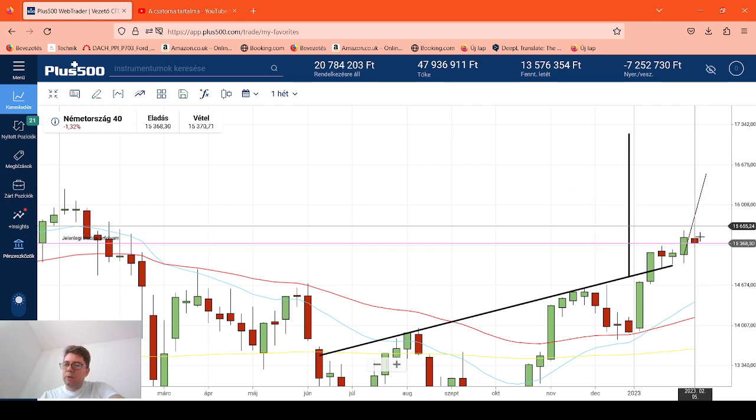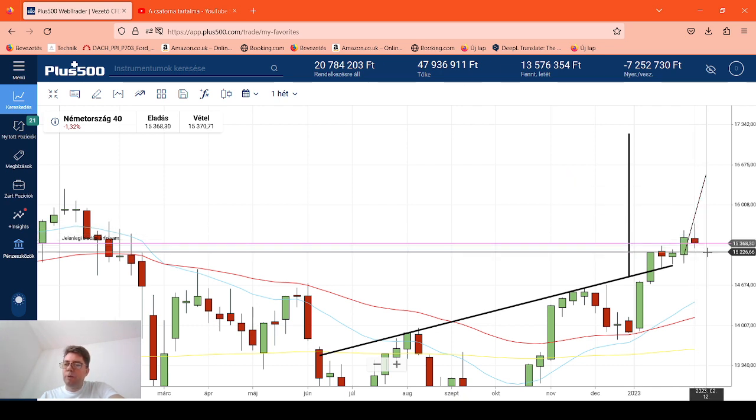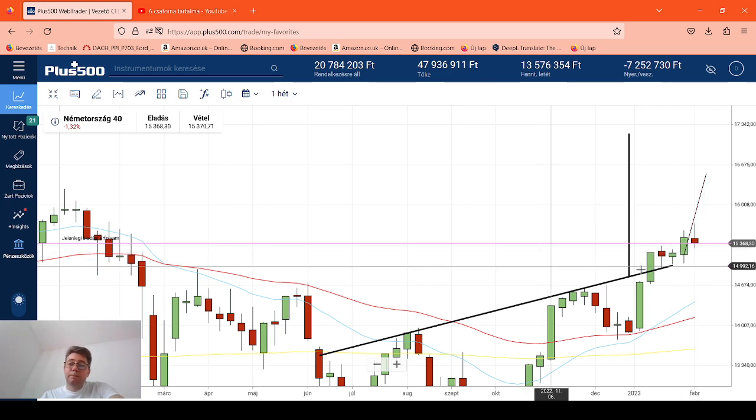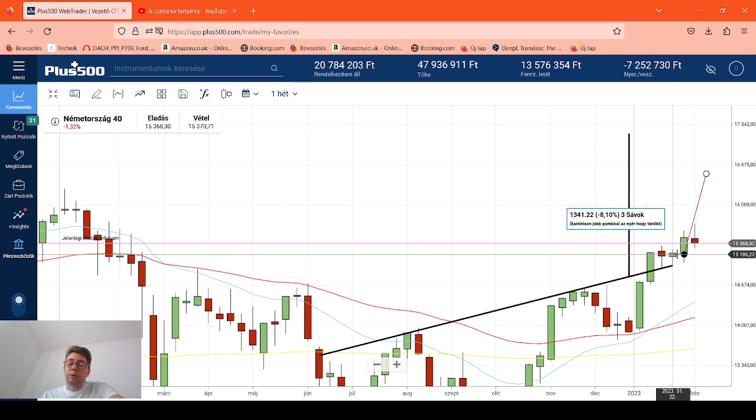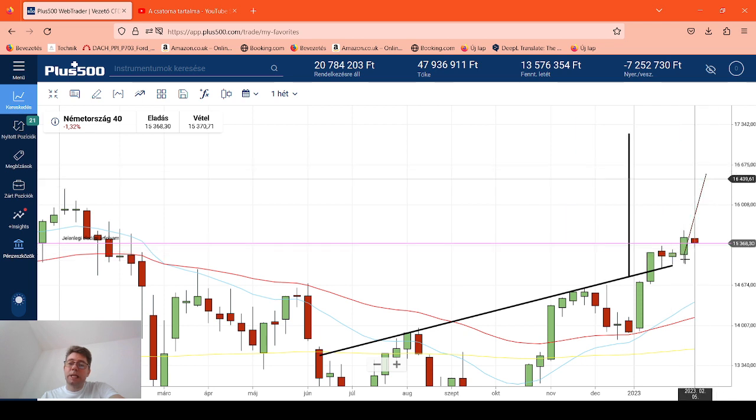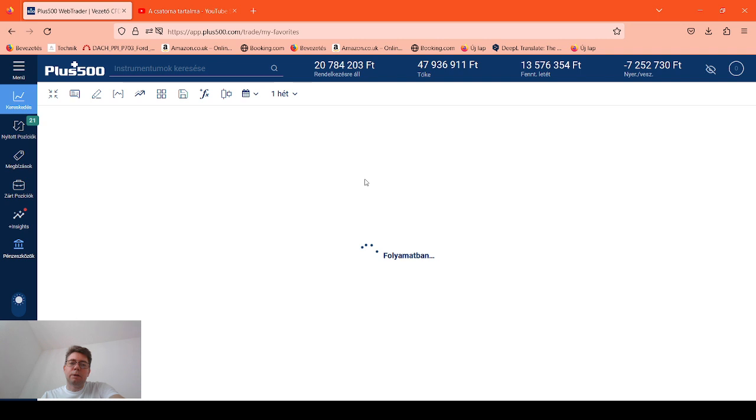This weekly candle doesn't look good, meaning we could have more moves to the downside. But because we broke out, I would say it's more probable that next week we continue a bull run. We will see. Let's just have a quick look at the daily chart.